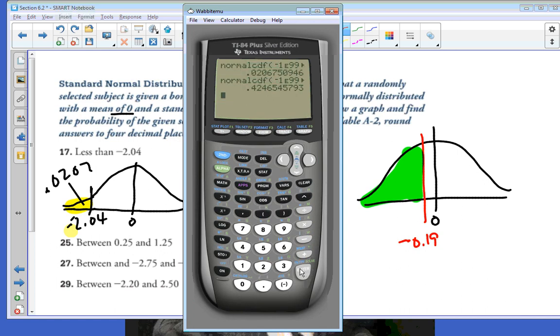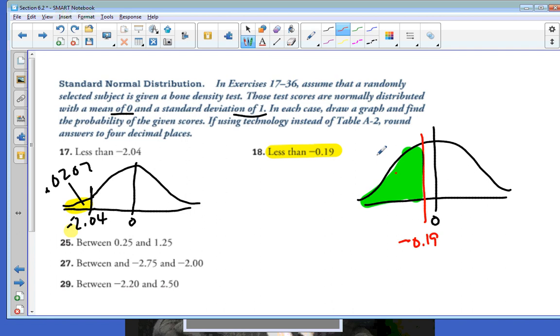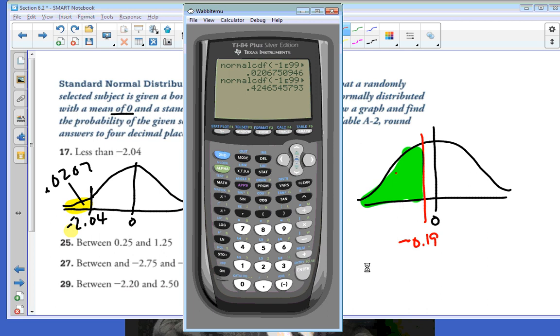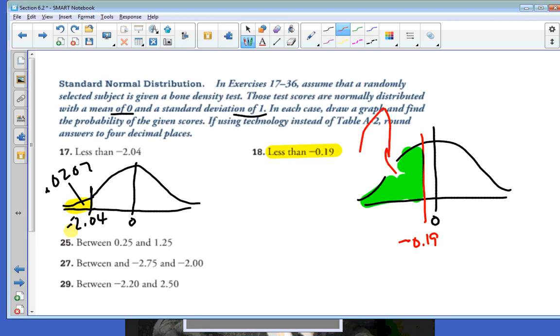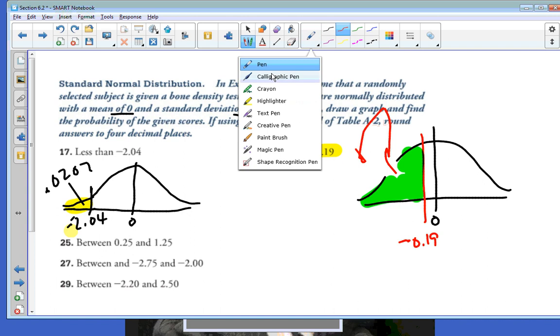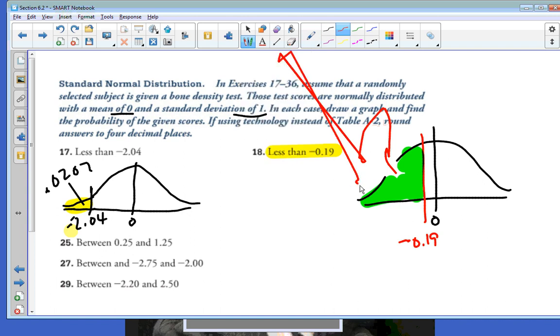And I'm going to get that the area is 0.4247. Sorry, my pen went kind of wacky on there, but it's 0.4247, and that makes sense because we're real close to the 0, so it should be real close to 1/2.